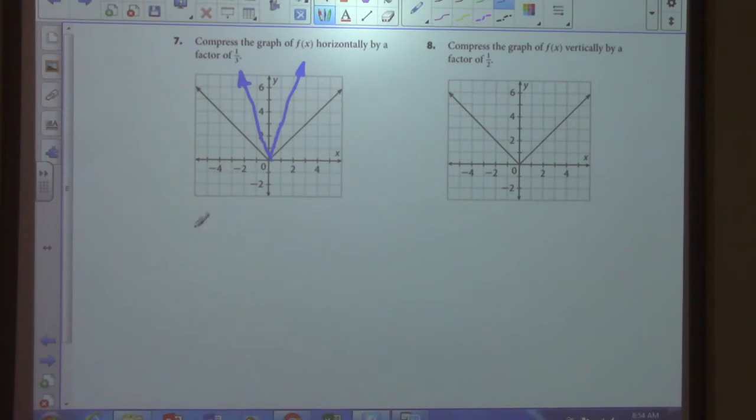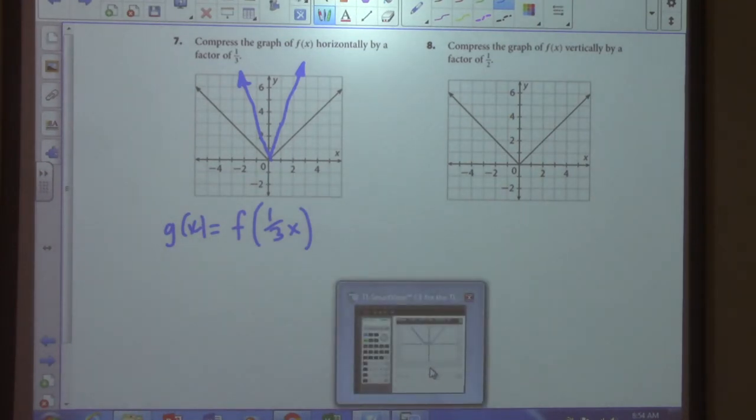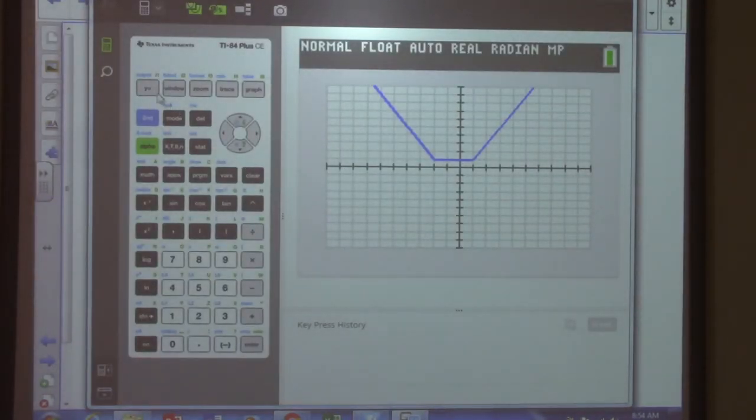And so how did you write this? g of x equals f of 1/3 x. Okay? Yeah, that's it. Go, Marcus.